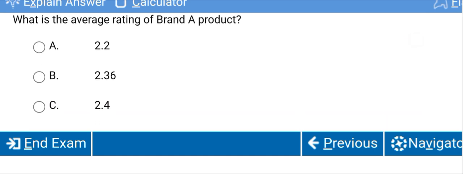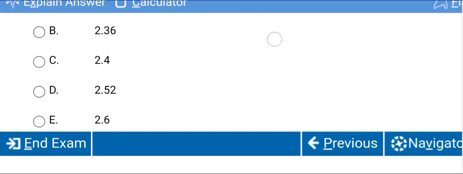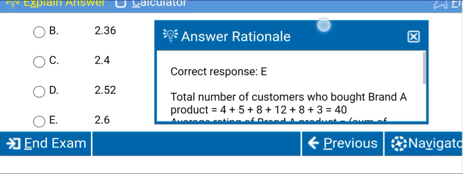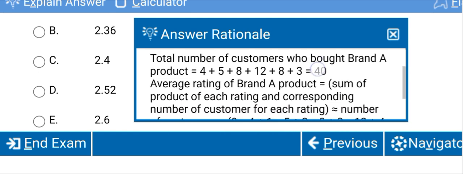Option A 2.2, option B 2.36, option C 2.4, option D 2.52, option E 2.6. So here we have the correct response is E.